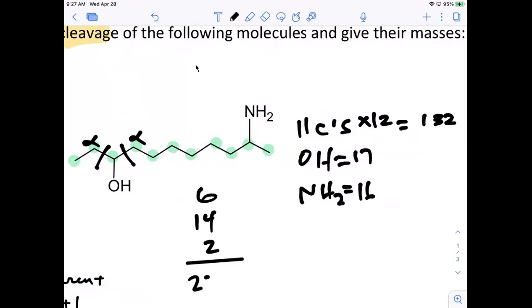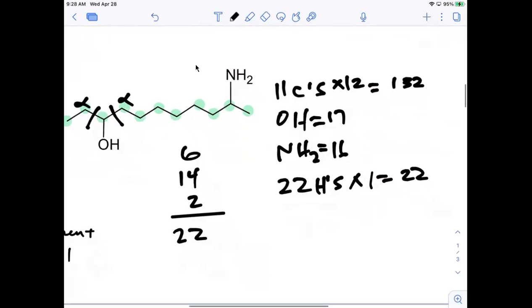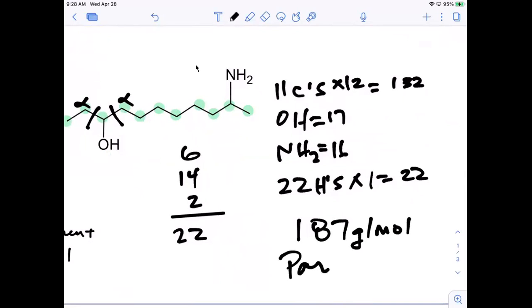So we have 22 hydrogens. That's 132 plus 22, 154, plus 33, which would be 187. What would the M plus 1 be for that, if the parent is 187? 188.